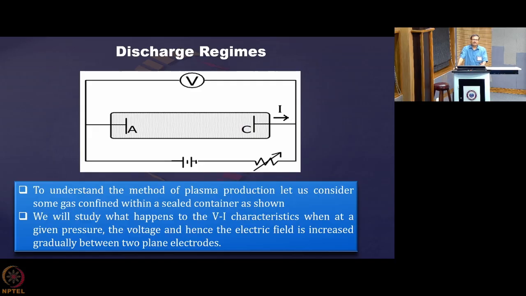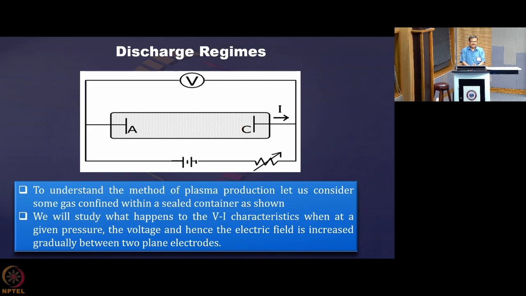Now, in this, what we have done is filled some gas at a certain pressure, and we are applying some bias between these two electrodes.